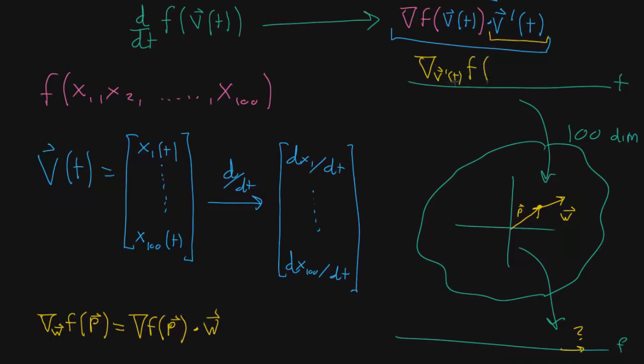And at what point are you taking this directional derivative? Well, it's wherever the output of v is. So this is very compact. It's saying quite a bit here. But a way that you could be thinking about this is v of t has you zooming all about, and as you shift t, it kind of moves you through this space in some way.